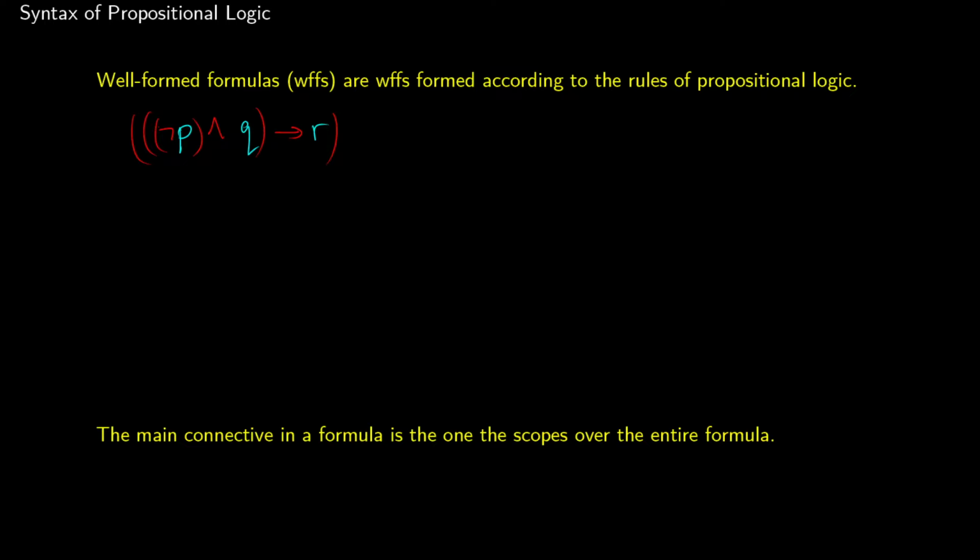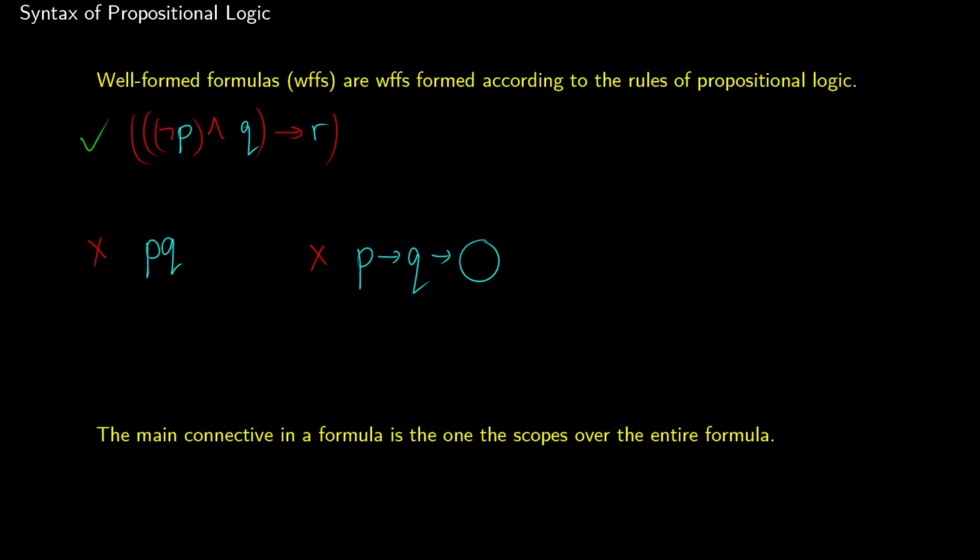So this one is good, but there are some examples of bad things. For example, we cannot just put two propositions side by side without any connective in between them. Another thing we cannot do is have a connective afterward with nothing to connect it to.